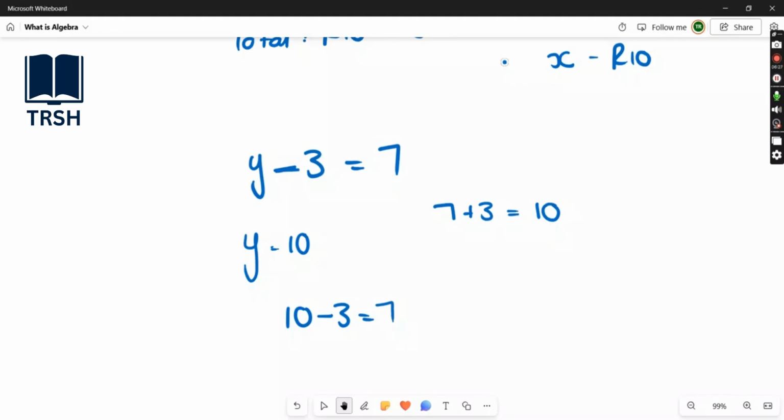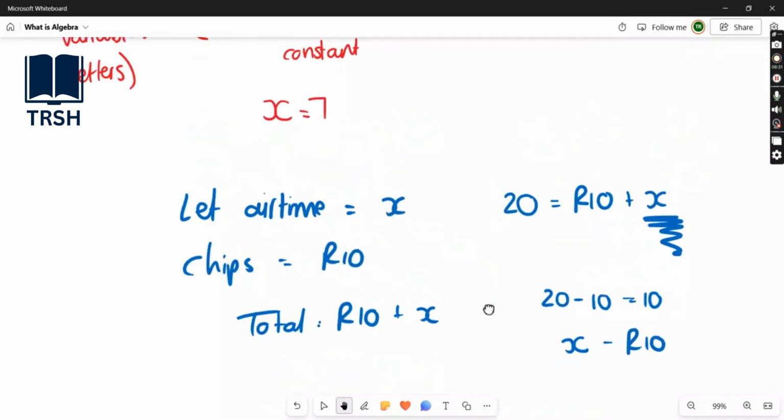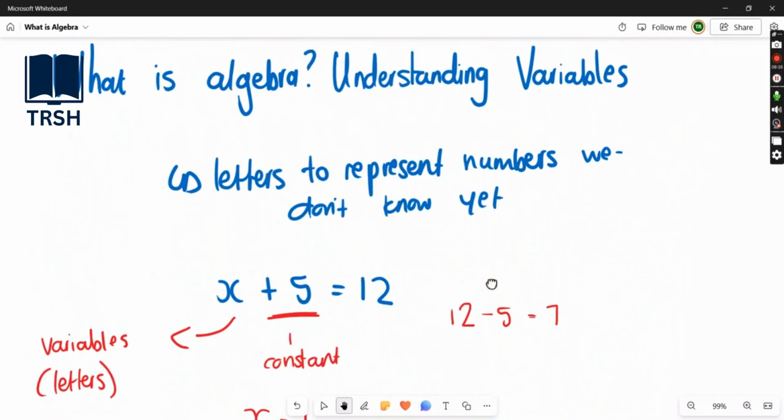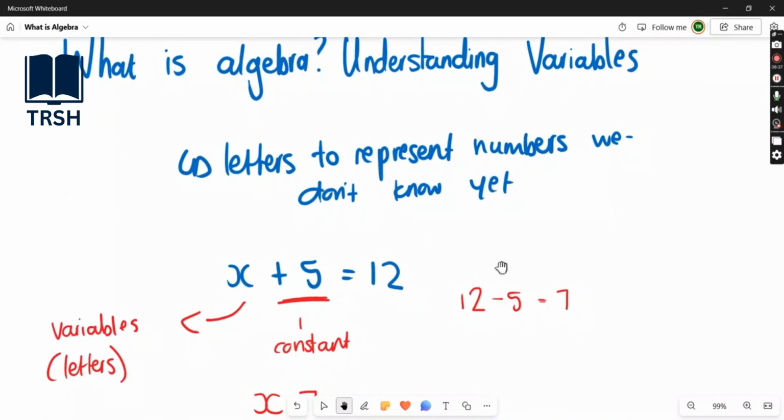But basically, this is just an example, or a little summary, of what algebra is. Algebra is just finding the value of an unknown variable or an unknown letter. There's always going to be constants, there's always going to be a variable, and your equal sign. There are ways to go about it, but this is just an example.